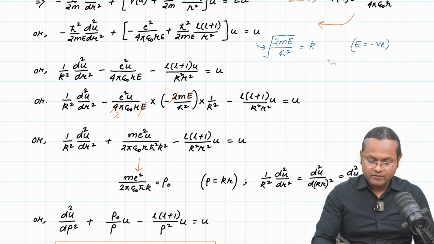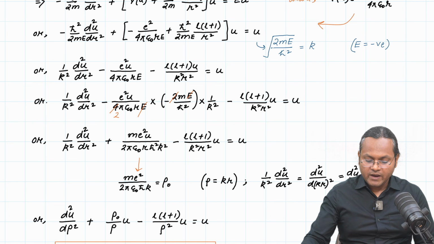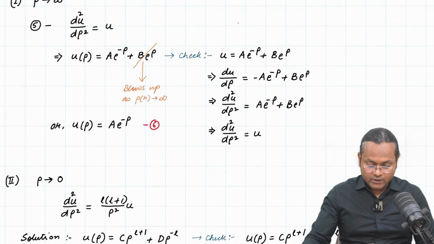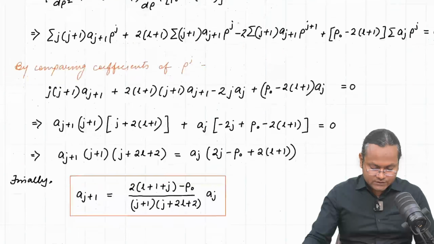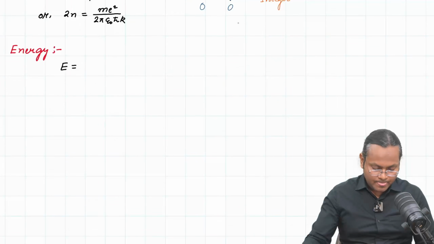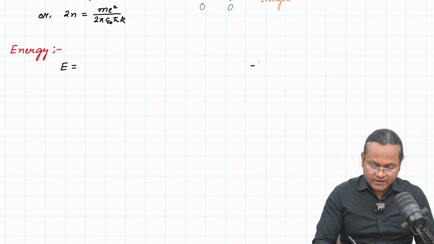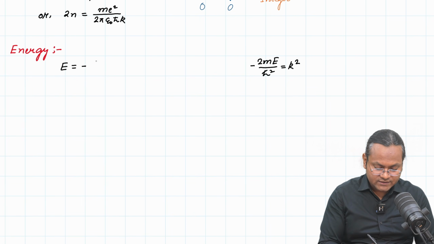Okay, so let's rewrite this expression again. Minus 2mE upon h cross square equals k square. So energy is basically equal to minus h cross square k square upon 2m.